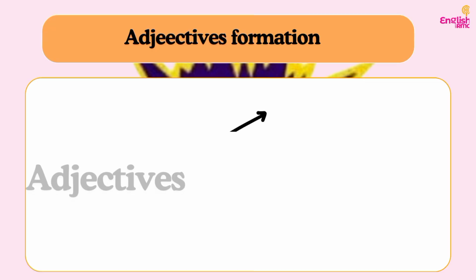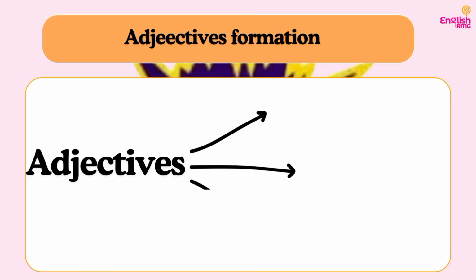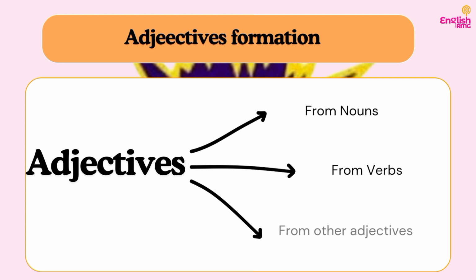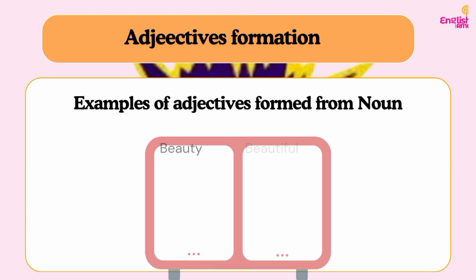That is, how do we form these adjectives? Adjectives can actually be formed from other word classes, or what is popularly known as parts of speech. So adjectives can be formed from nouns, from verbs, or from other adjectives. So how do we do this? Let's consider a few examples.